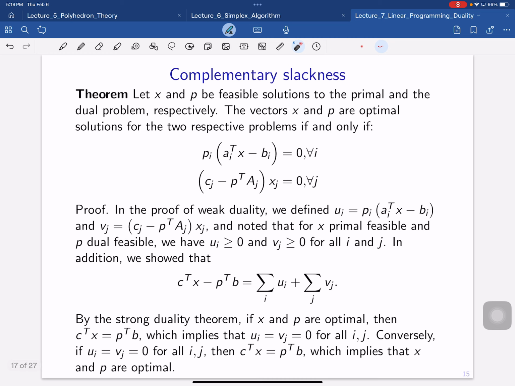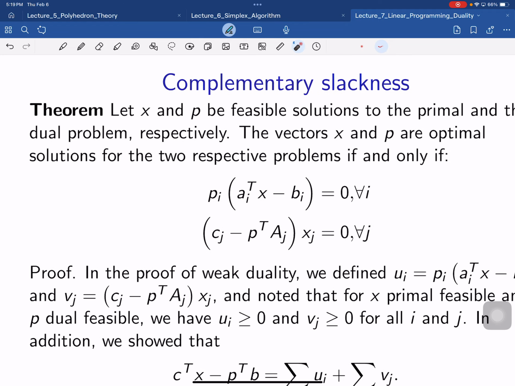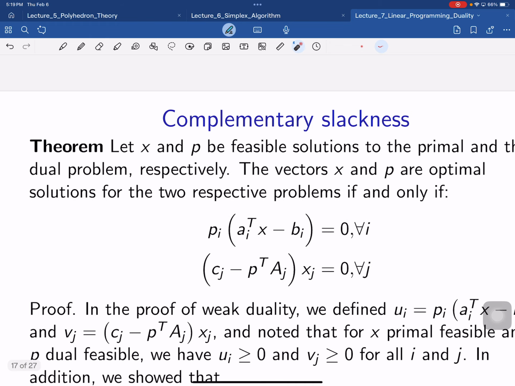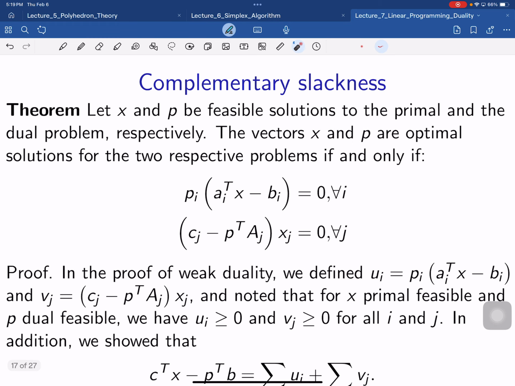Now, let's talk about a concept called complementary slackness. It's less frequently used for linear programs, but if you study general nonlinear programs, this is a concept that will be used. So what does that mean? Let X and P be feasible solutions to the primal and the dual problem.